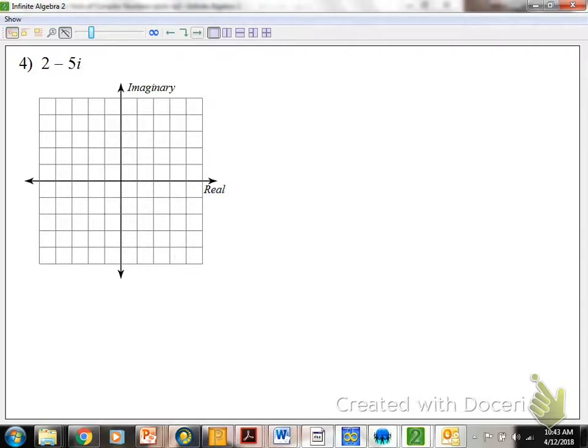About done. 2 - 5i is in the fourth quadrant there. So we're going to be dealing with this quantity. Now, we could use that angle.